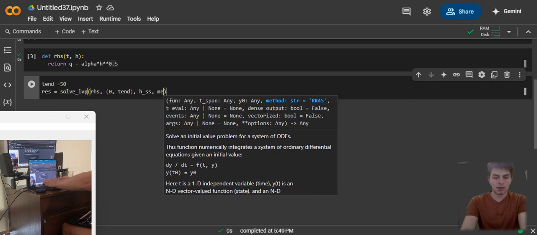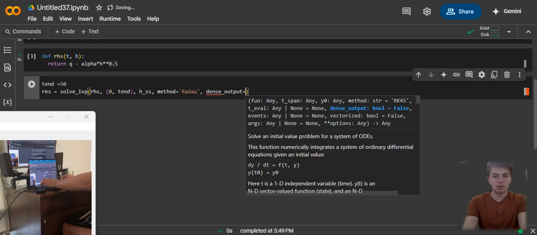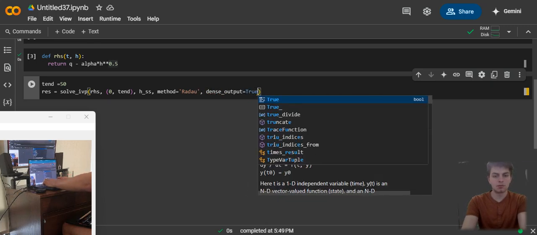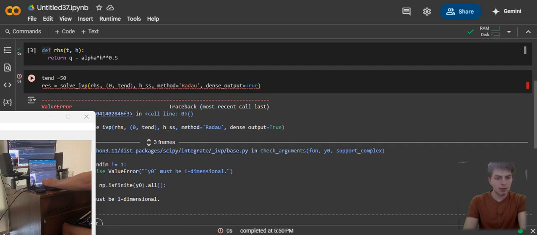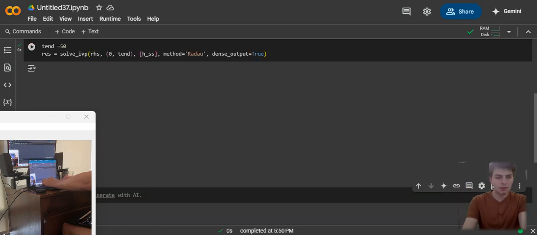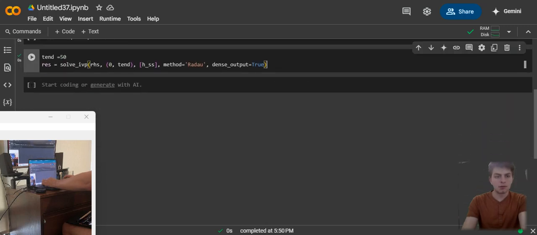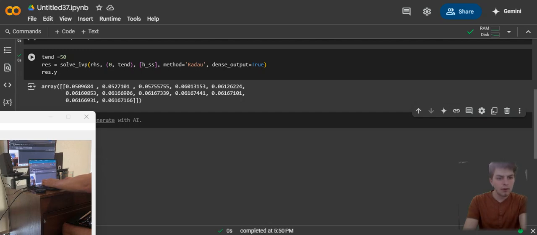And then method is going to be LSODA, dense output equal to true. Awesome. So then res.y, I believe, gives us our height.